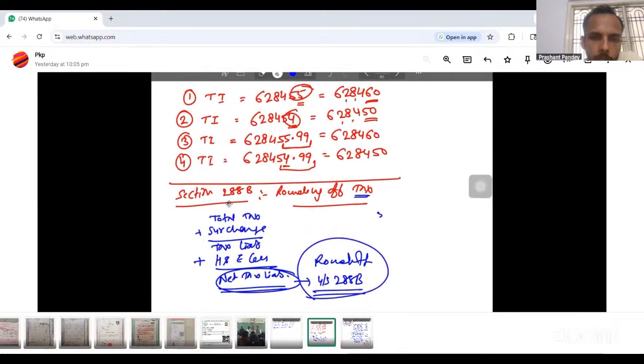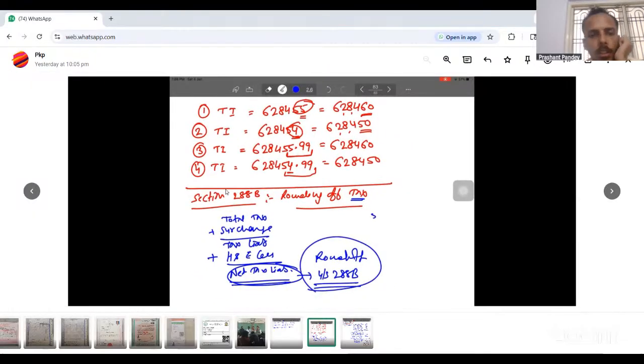Section 288A talks about the rounding of total income, whereas section 288B talks about the rounding of taxable total income.